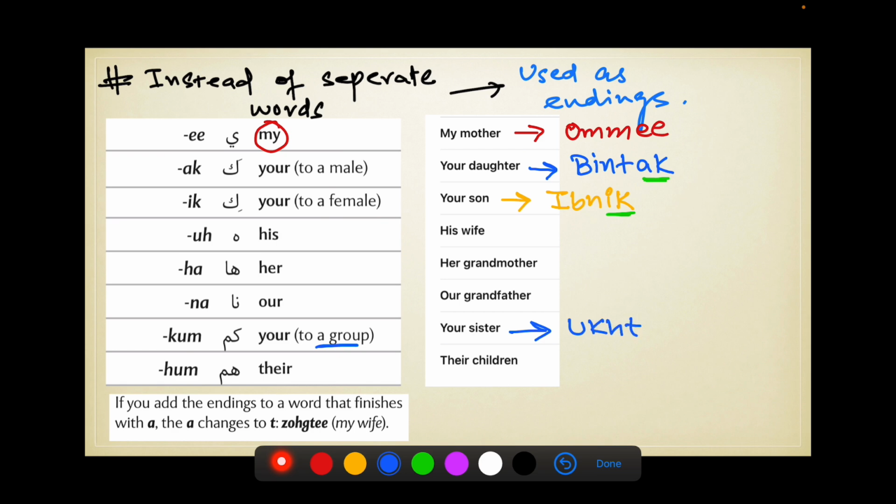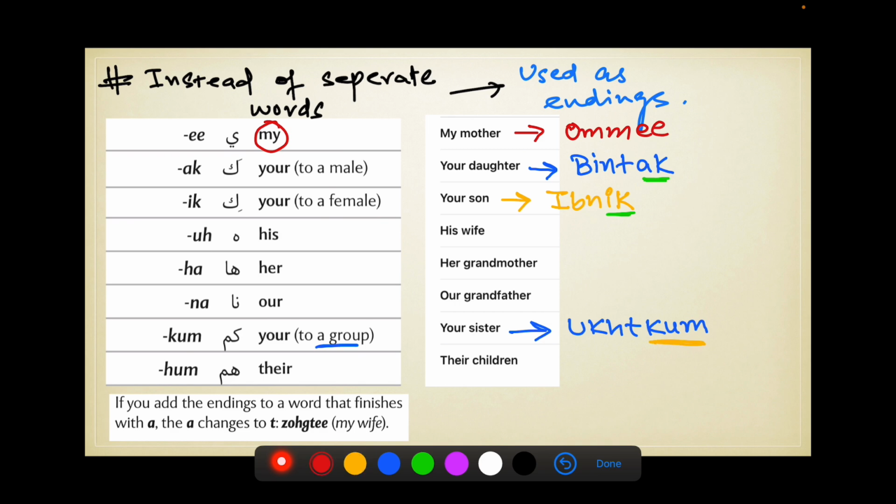Ukt means sister, and you have to add kum, and it will become uktukum. Here you have also used your, but now you're talking to a group of people, so the ending you will use is kum, uktukum.